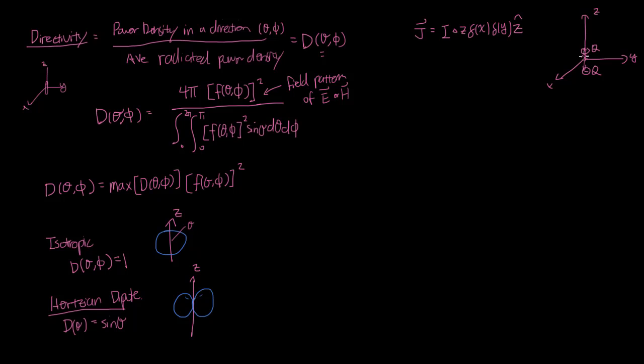In this case, if we define the dipole as positive in the positive z and negative in the slightly negative z direction, let's say the current is in the z hat direction.